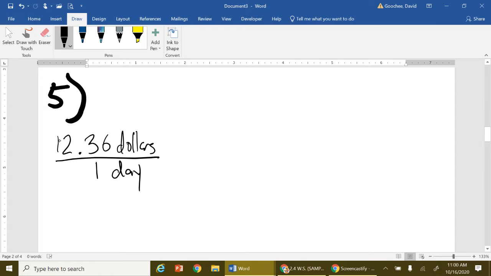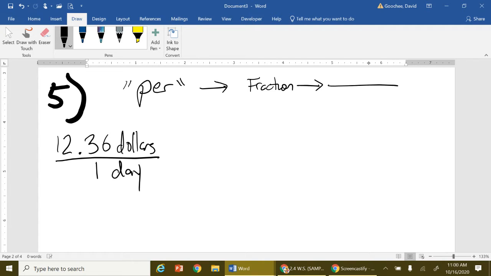So when you see per in a unit, that's going to be a fraction. There's going to be something per other thing.